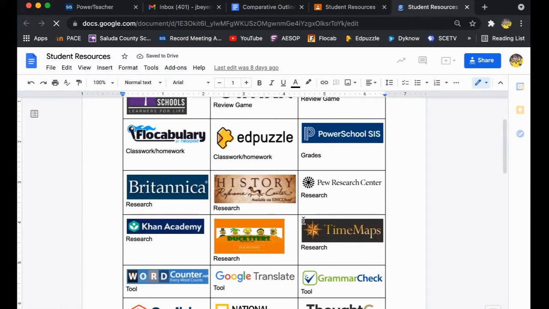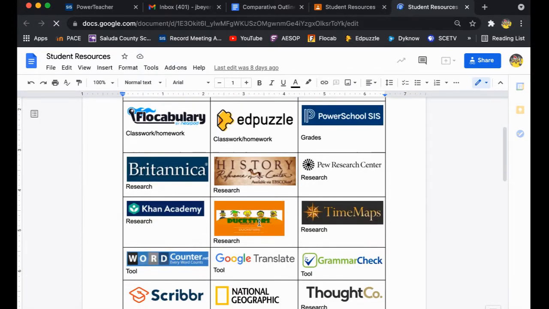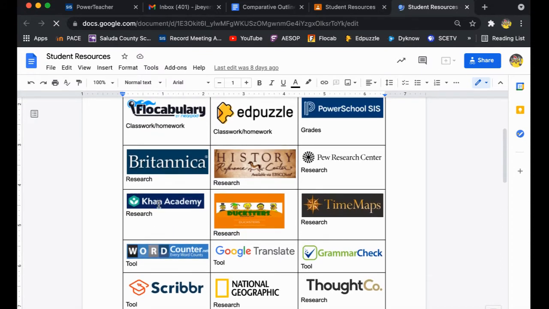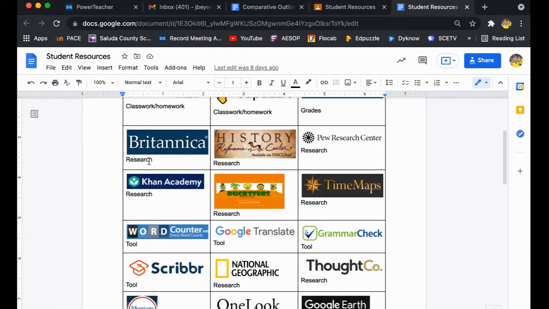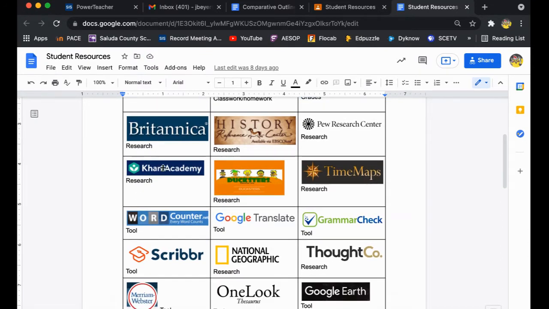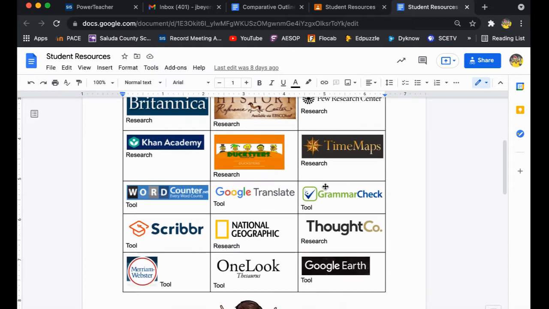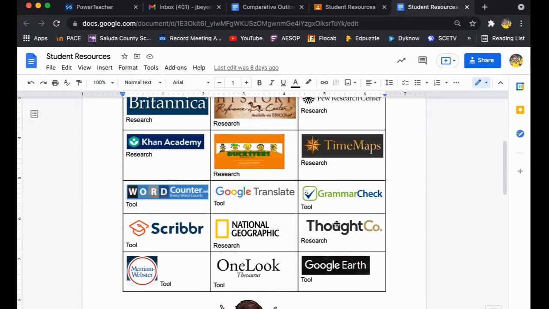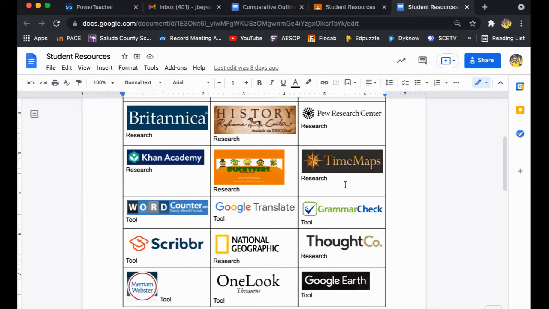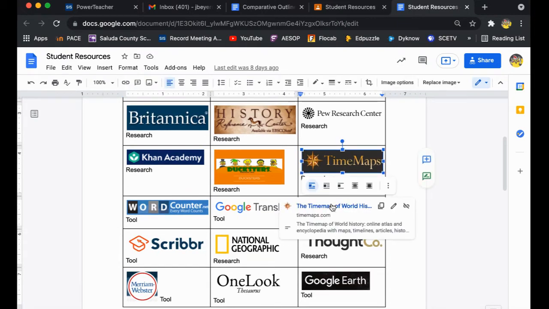So like right here, for example, I already went ahead and provided some reliable sources. So like I got Britannica, Khan Academy, Ducksters, Time Maps, National Geographic, ThoughtCo. So all of those are good research websites. So let's go ahead and use Time Maps.